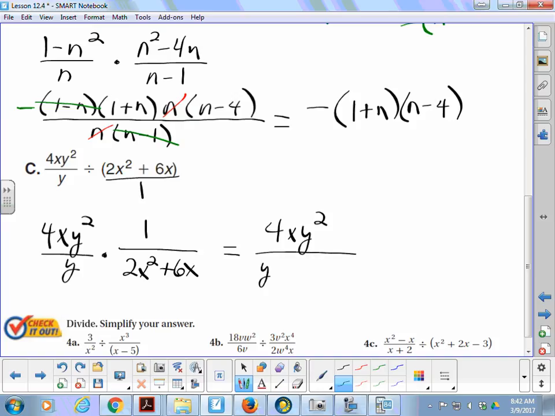Then I have a binomial here in the denominator, so I need to factor it. 2x squared, 6x, they have a 2x in common. And we're left with x plus 3.